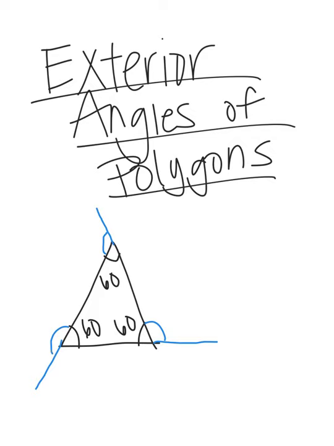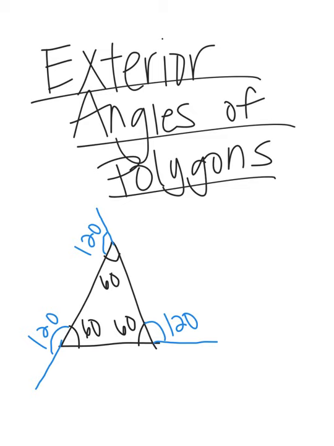So all of these form a linear pair, and I know that a linear pair has to add up to 180 degrees. So if this interior angle is 60 degrees, what would the exterior angle be? Well, if they add up to 180, I could just do 180 minus 60, and that would tell me that each of these exterior angles would have to be 120 degrees.